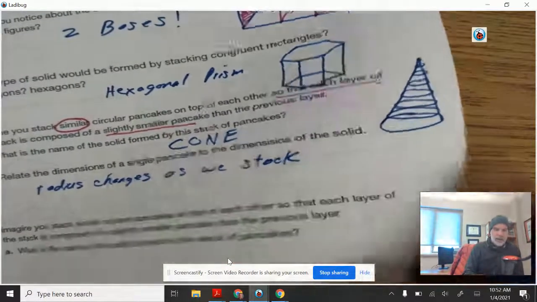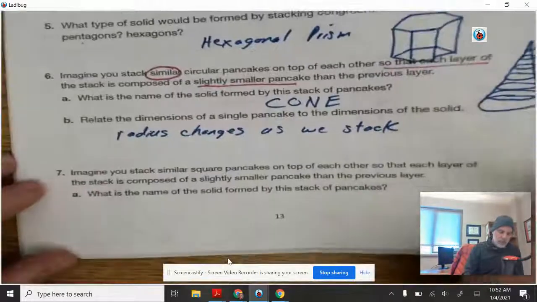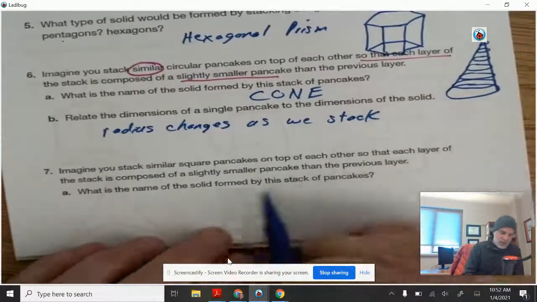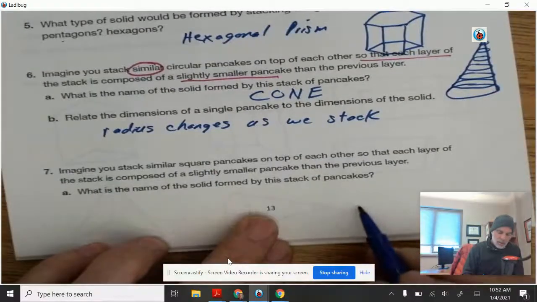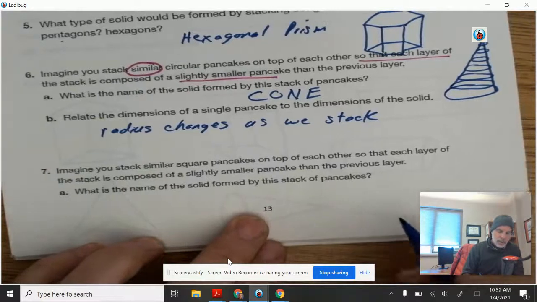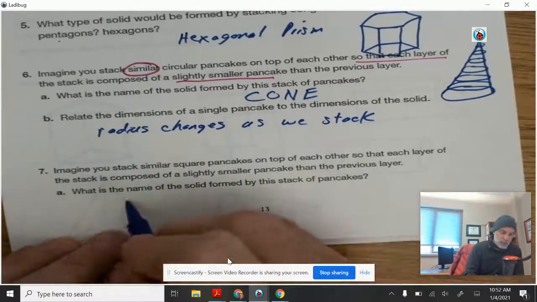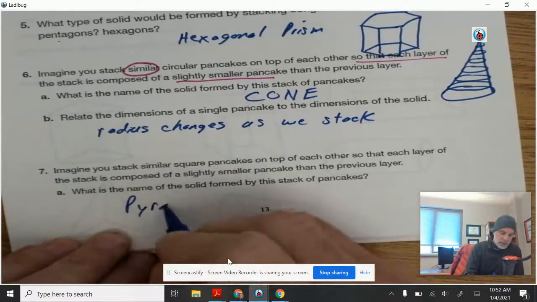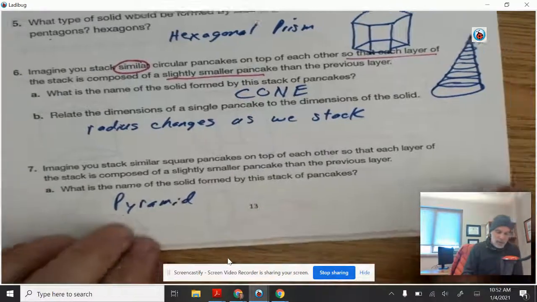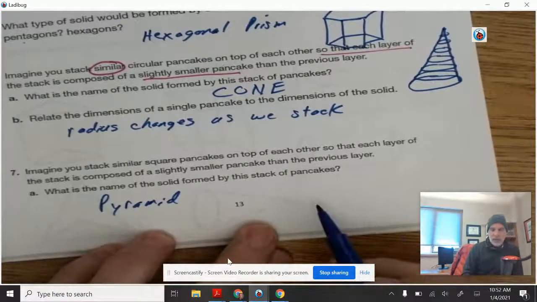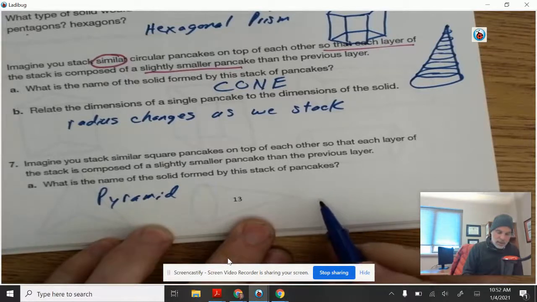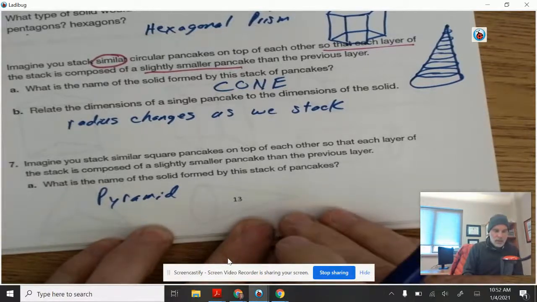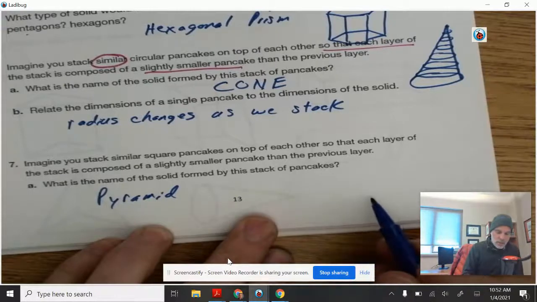If we did stack similar square pancakes on top of each other, what we're going to get into is drawing a pyramid, just like the pyramids of Egypt that you can picture in your mind. It's a little bit artistic in drawing these. Instead of drawing a square, we have to draw these with a three-dimensional view.